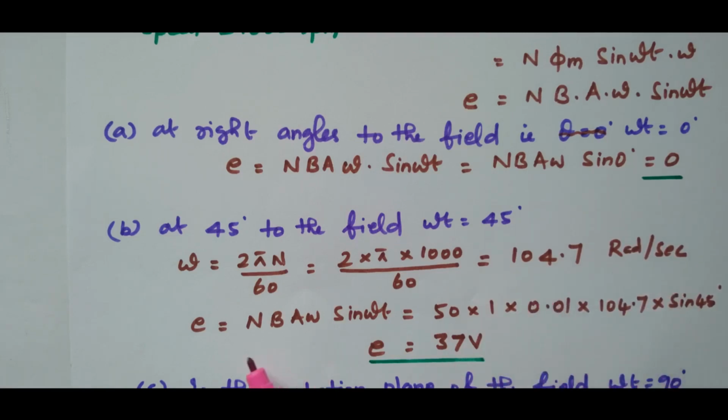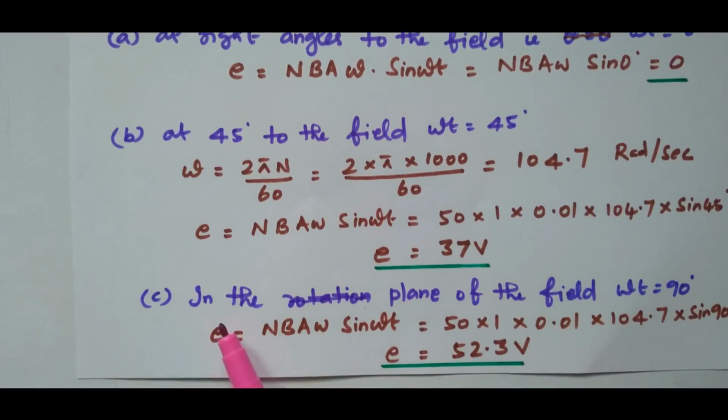So we can substitute all the values. N is 50, B is 1 Tesla, area is 0.01, omega value we calculated as 104.7, into sine omega t, that is sine 45 degrees. By simplifying all, we got E equal to 37 volts.